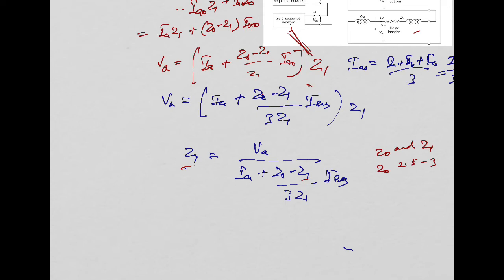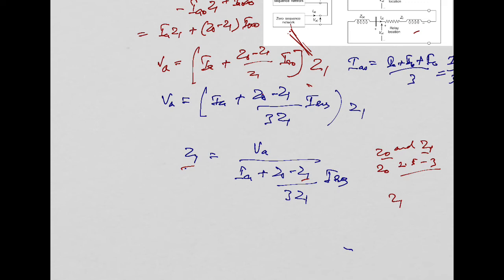For a three-phase transmission line, Z0 is actually 2.5 to 3 times Z1. The exact relationship depends upon the geometry of the phase conductors and the placement of the earth conductors.